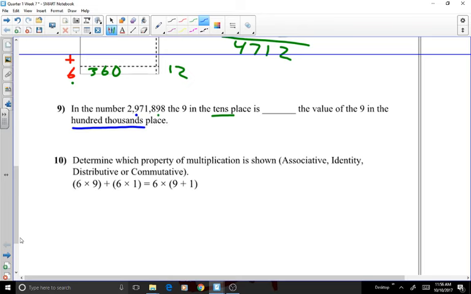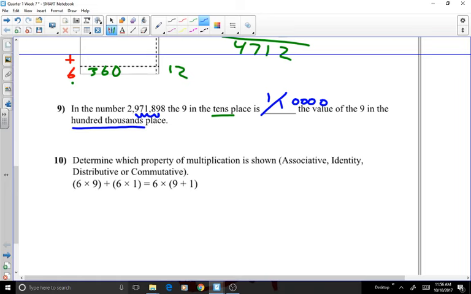Smaller. That means this is going to be a fraction with a 1 over a number. The number on the bottom, the denominator, is going to be, look, 1, 2, 3, 4 zeros in it. 1/10,000 the value of the 900,000. That's one way to solve it, okay?